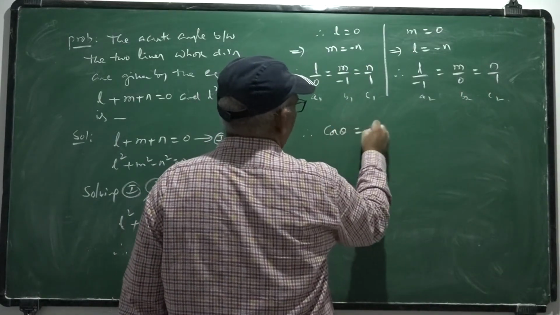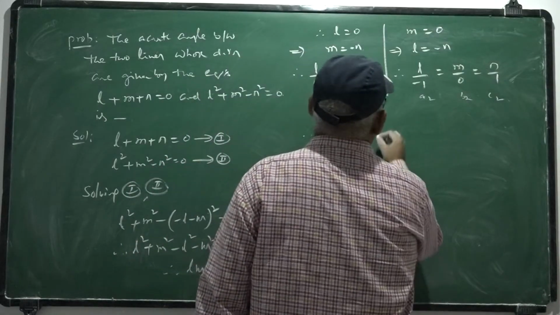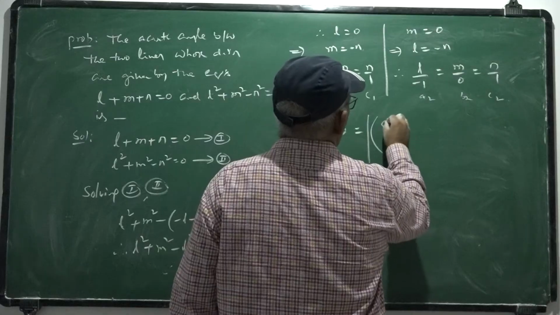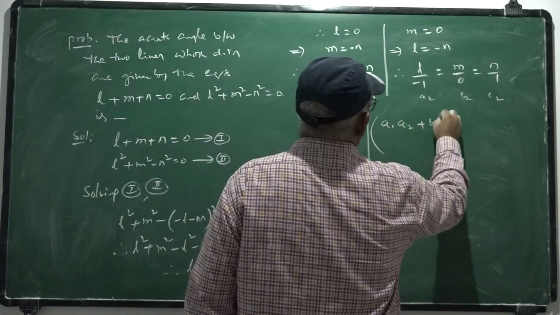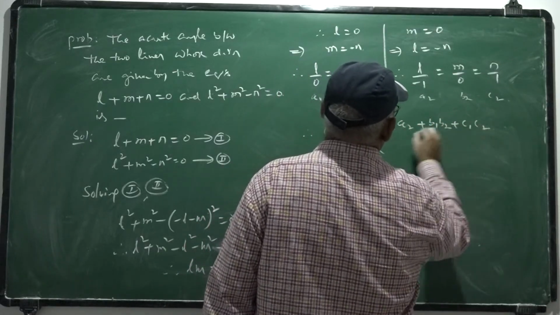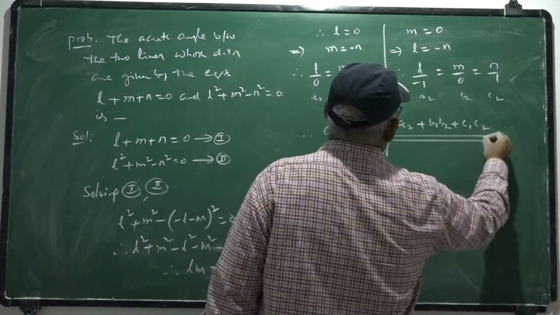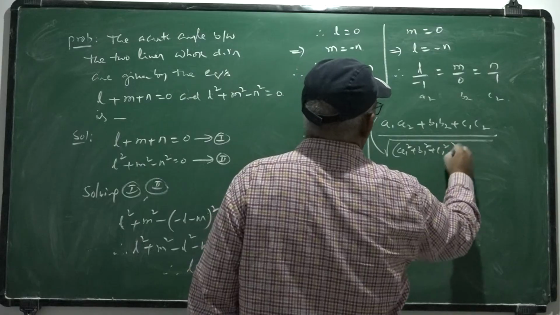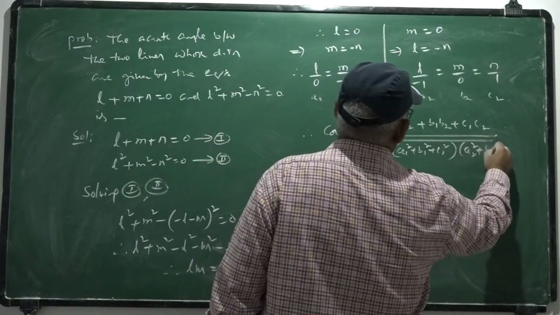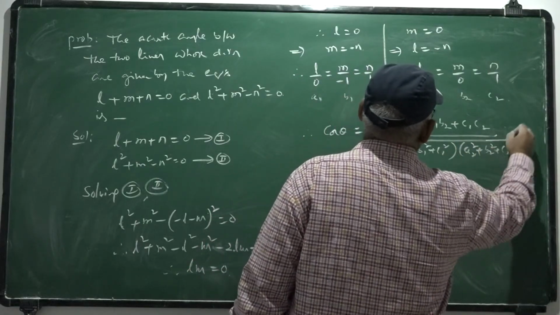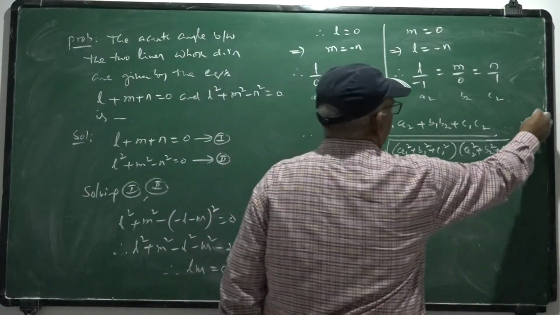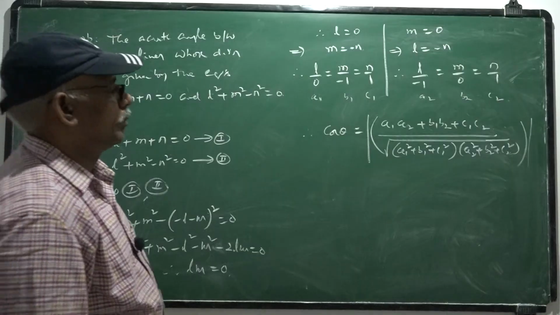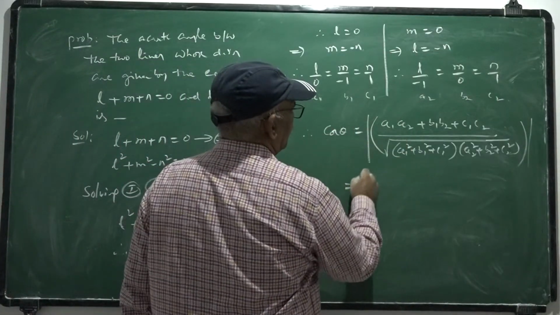So cos theta, as the angle between the two lines is acute, I am taking the modulus of a1 a2 plus b1 b2 plus c1 c2 by root over (a1 square plus b1 square plus c1 square) into (a2 square plus b2 square plus c2 square). I am taking the acute angle, that's why the modulus.